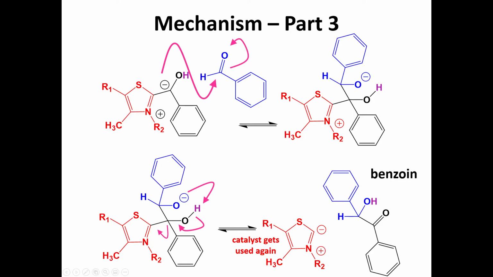Because the negative oxygen doesn't like to stay negative, it's going to steal the hydrogen from its neighboring alcohol. By stealing this hydrogen, it'll cause the formation of a carbonyl, and the formation of this carbonyl will break the bond to the thiamine. So like any good catalyst, once this happens, we get our catalyst once again, absolutely no changes, and we come up with a new molecule, benzoin.